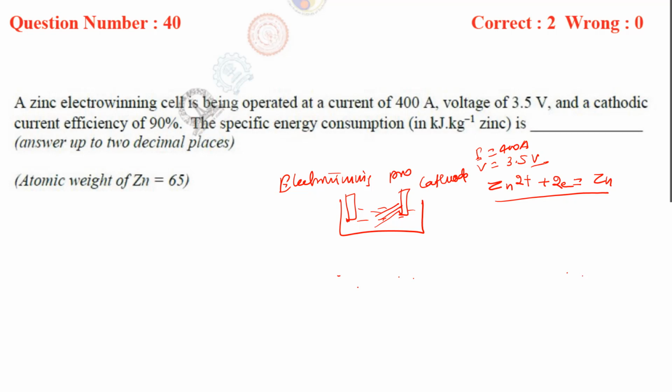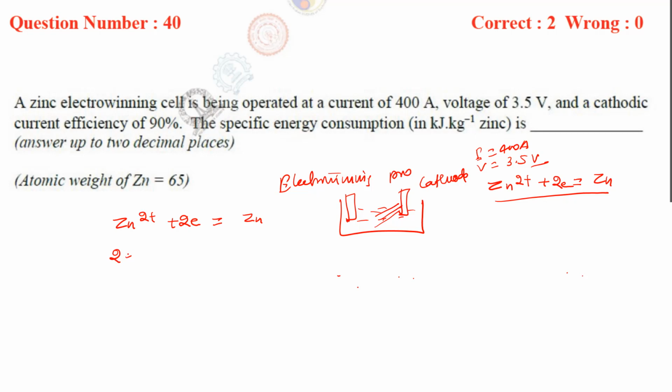Now we will use the Faraday equation. If you do not remember the Faraday equation directly, because it becomes cumbersome to remember, you can use a simple trick to derive it and proceed.